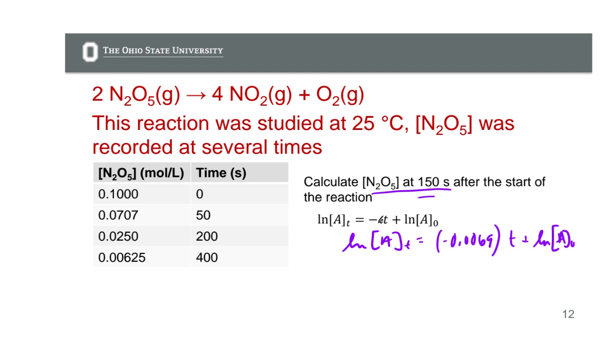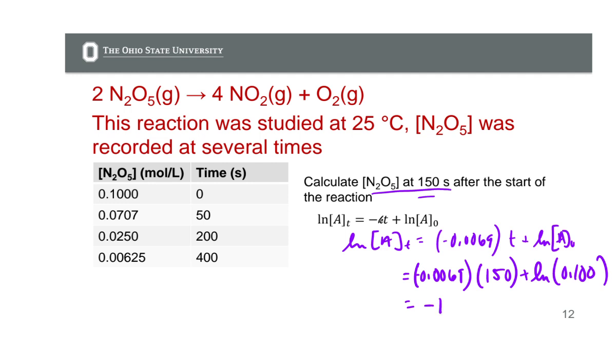And so we can plug that into the equation. And we're going to also plug in 150 seconds. Lots of zeros there on that one. I'm going to leave a couple off.